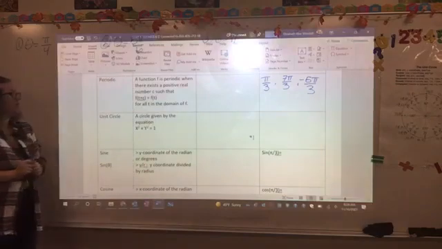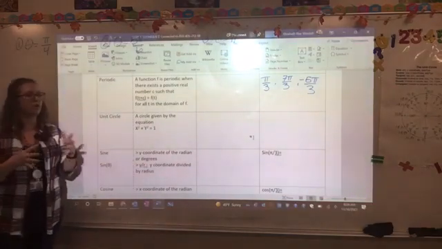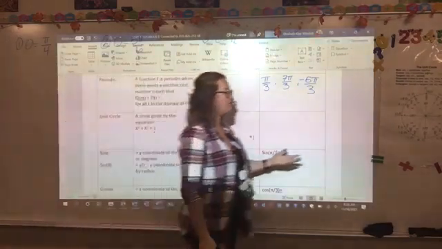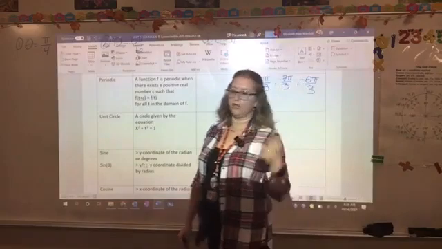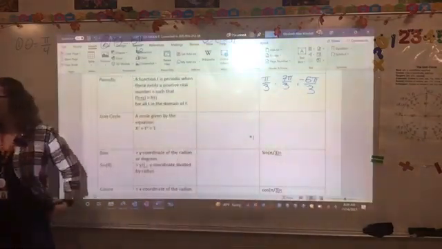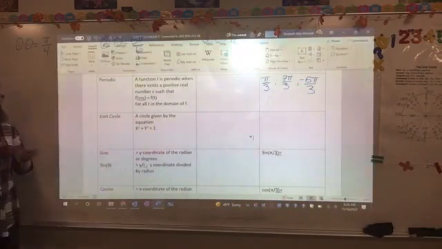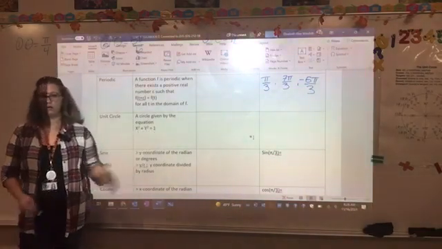All right. The unit circle. This is what we get all of our coordinates from. This is where we get all of the information that we talked about in the past couple of days when we filled in coordinates and radians and degrees. The unit circle is a circle given by the equation x squared plus y squared equals 1.